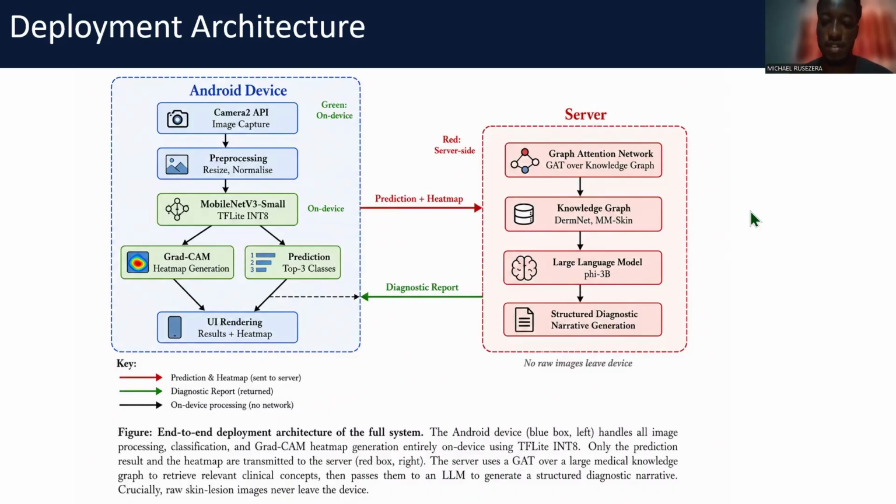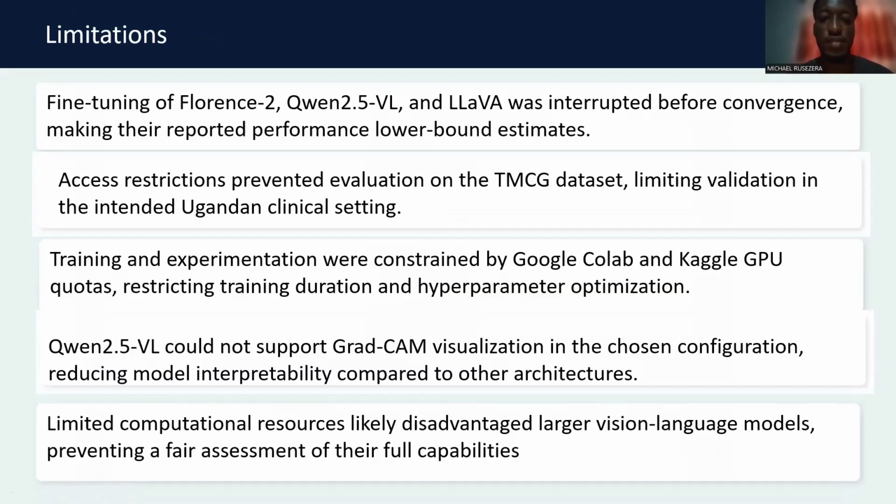Then we have the limitations. Here, although our system achieves strong performance, there are several limitations. For example, the training and experimentation time was constrained by Google Colab and GPU quotas. This restricted both the training duration and the extensive hyperparameter optimization. Also, we have limited computation resources, likely disadvantaging the larger vision models, and this prevented completely fair comparison of the full capabilities because we had fewer resources.